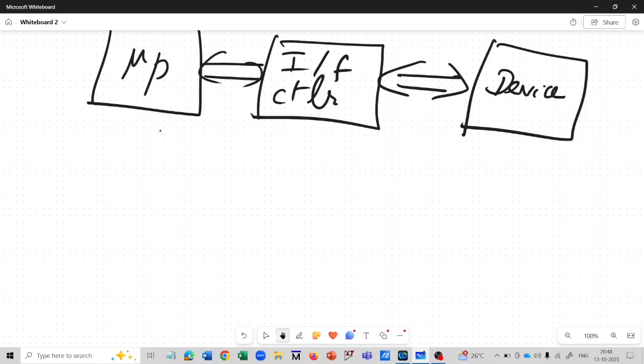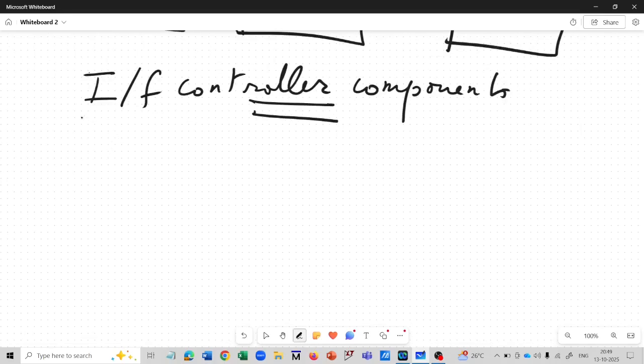Okay, now let us see what the typical parts of an interface controller are. We have already seen that on the one side, the interface controller talks to the host processor. And on the other side, you may have different devices which have different interfaces, different data formats and so forth.